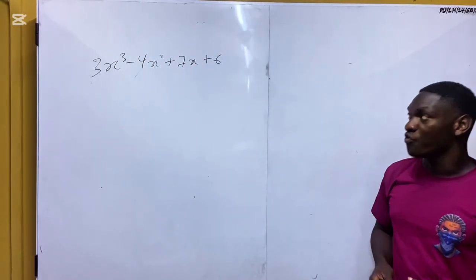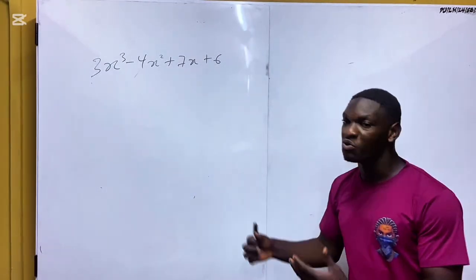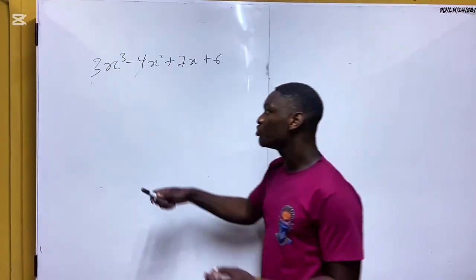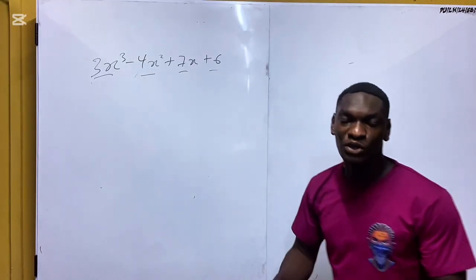From our knowledge so far, how do we differentiate this? We just take them individually and solve them, and we put our answers together. So with the power, we differentiate this, then we differentiate this, and put our answers together.